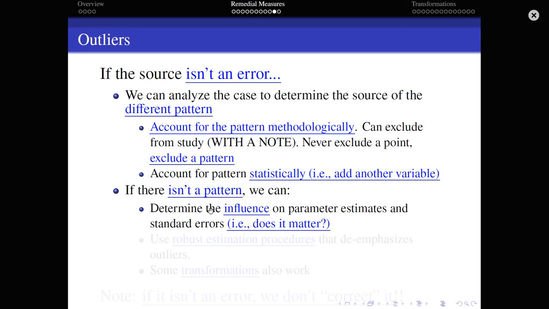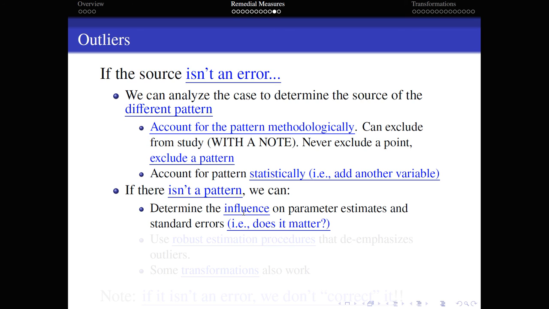So if there is not a pattern and I can't find that, then what I really need to check on is how much does this outlier actually matter? We spoke briefly about influence, but the influence of the outlier is a great thing to check on if I have an outlier and I can't find a pattern associated with it and it's not a data entry error.